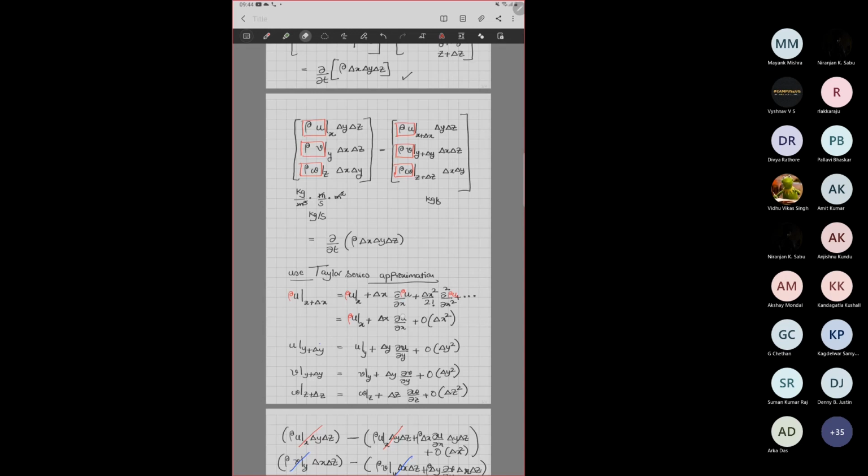This u component changes to rho u, and delta x square components. Rho comes here. Rho u calculated at y plus delta y, and u also changes to rho multiplied by v. Similarly, rho v. Here u. I'm sorry, this is u. Here u.